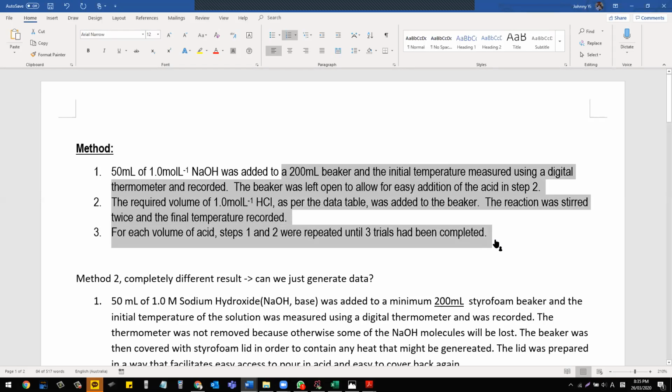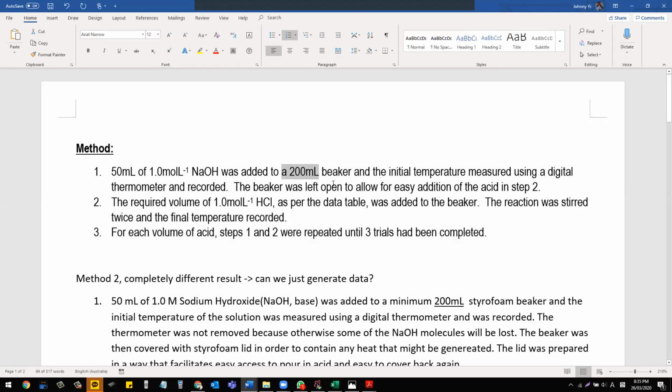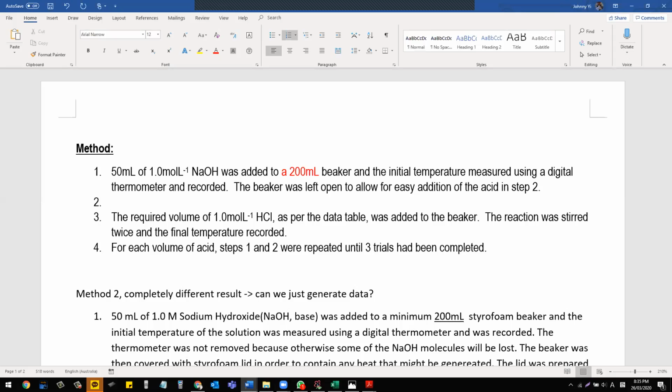I actually changed a little bit. That one there, I found something wrong with that one, so there is a lot of information missing. It has to be 50 mil. I know it was added to a 200 mil beaker, and the initial temperature measured using the thermometer.